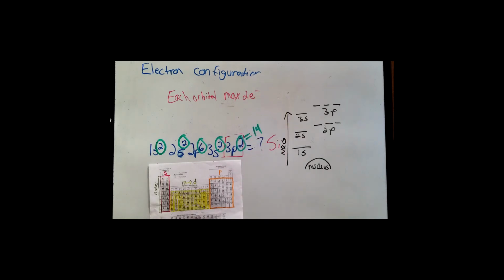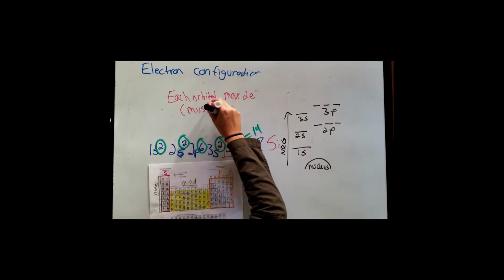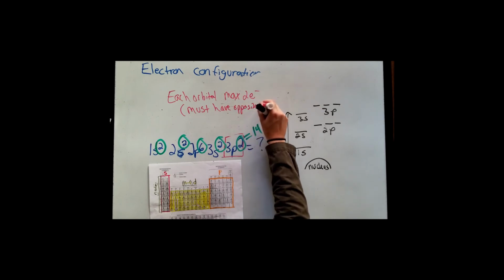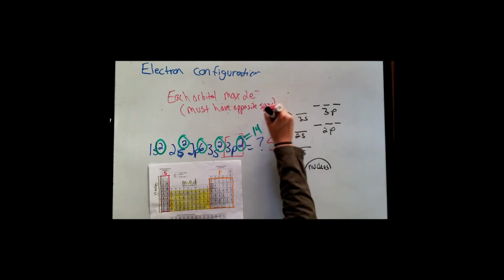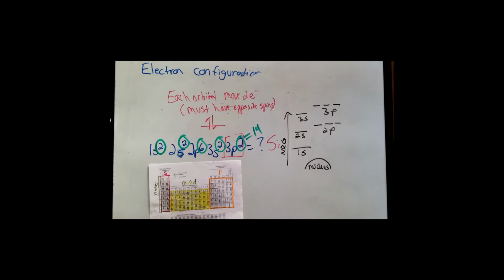And not only can they hold a max of 2 electrons, but the 2 electrons that we put in there must have opposite spins. Meaning, when we draw it, we're going to represent the electrons with arrows, and we're going to make sure the arrows are going opposite directions when we pair them up.